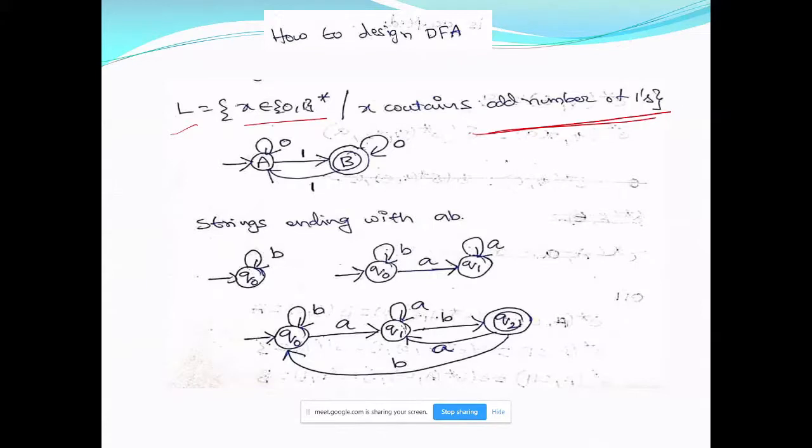What I have to keep in mind is that this DFA has no memory. It cannot remember or count things. If you count the number of ones, the only possibility is that you have either an even number of ones or an odd number of ones.